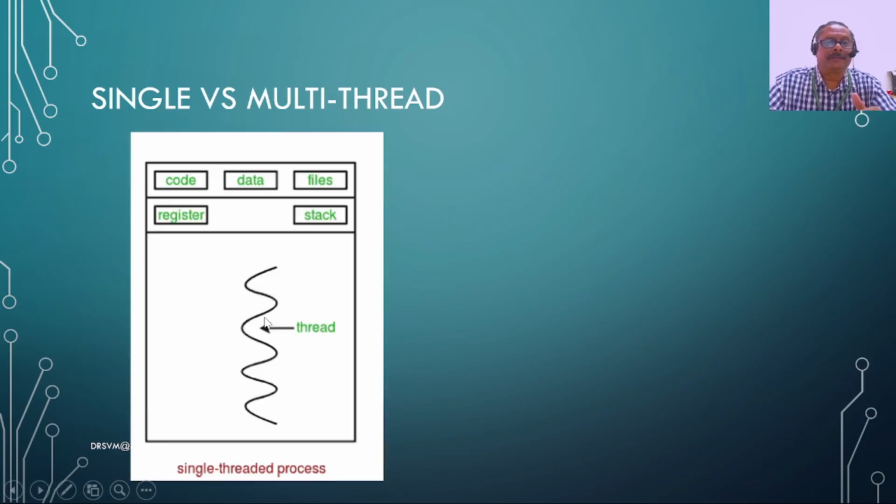A single thread system is one where the memory will contain the code, the data, the files that are open and all that. Then it will contain the place to store the contents of the register. It will have a memory reserved for the stack, and the thread will be executing. So this vertical line shows the time the thread is working.